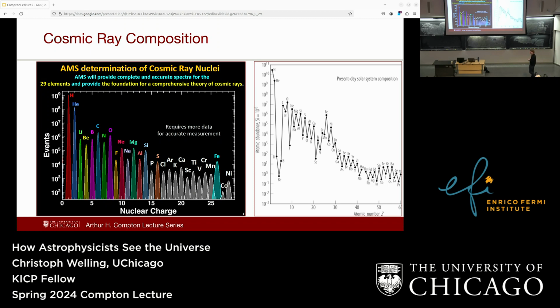One of them is radioactive and will decay after, I think, millions of years. What probably happened is that the region where these cosmic rays are accelerated is probably a lot denser than the average galaxy.